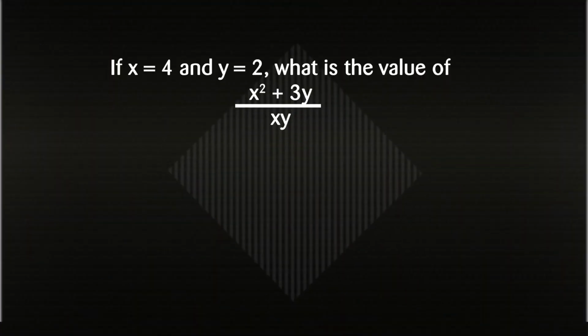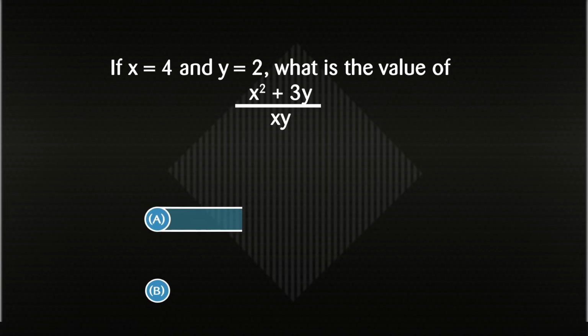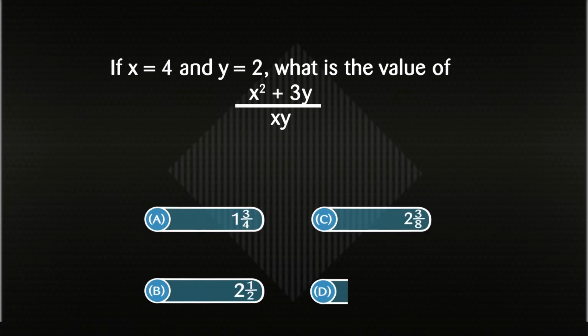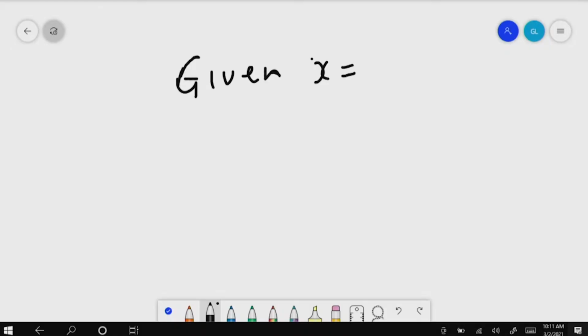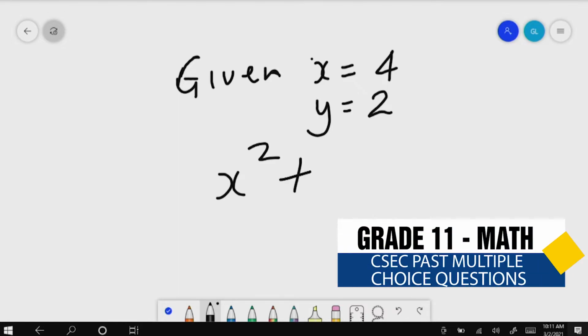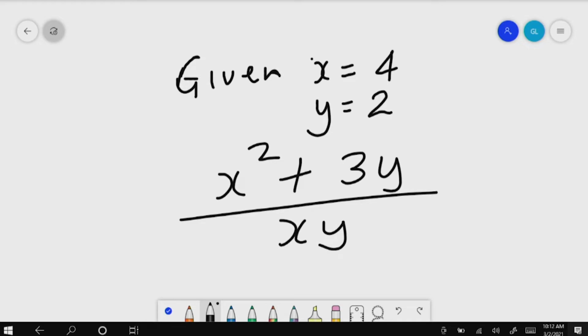This is a direct substitution question, and it reads, if x equals 4 and y equals 2, what is the value of x squared plus 3y divided by xy? Now they're asking us, given x is a value of 4 and y is a value of 2, what would have been x squared plus 3y divided by xy?